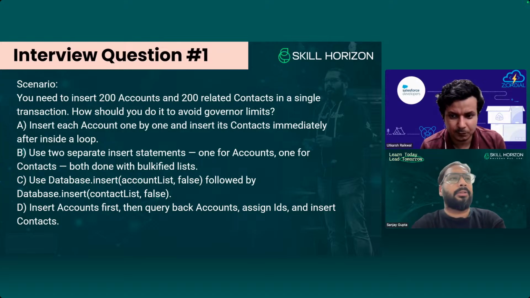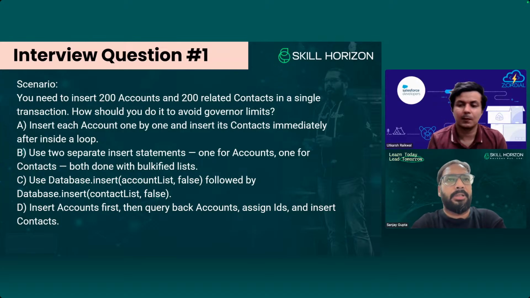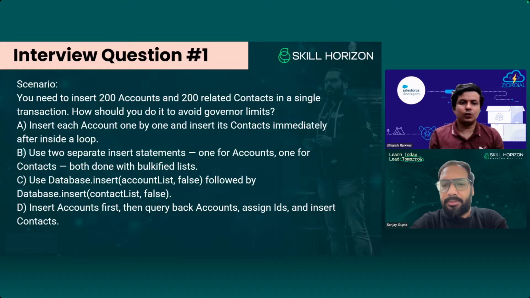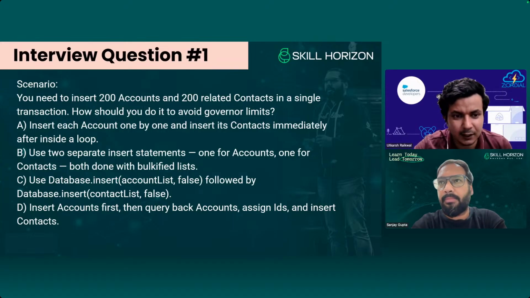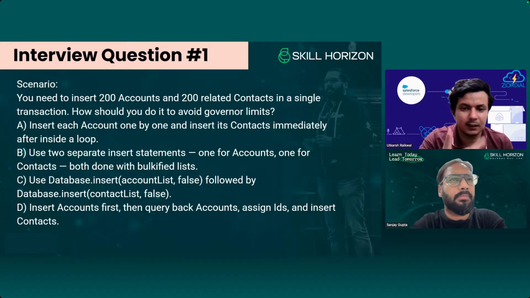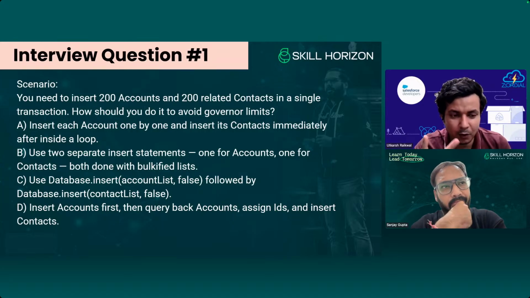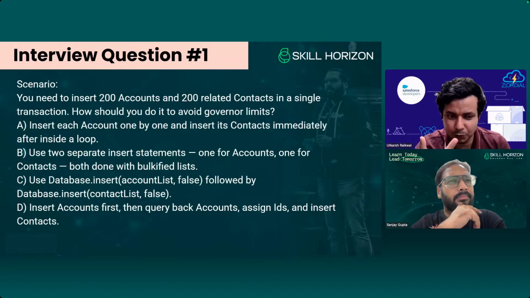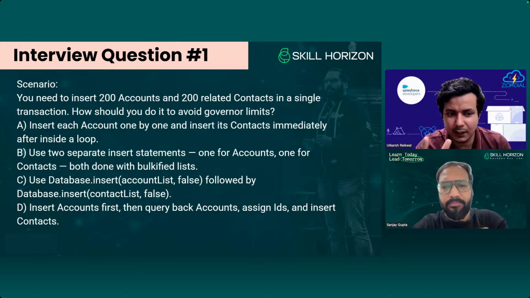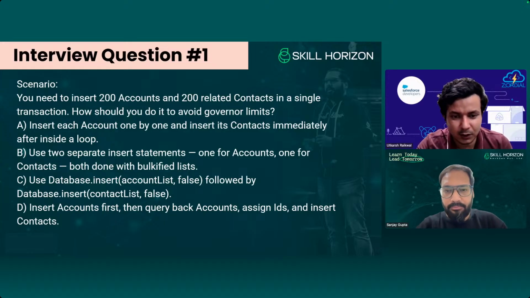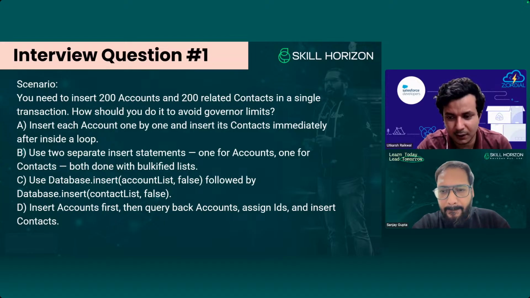Okay, Utkarsh, now you can also answer. Someone from the chat said A, but with A the governor limit will be hit, so it is not the best option. For me, I'm confused between B and C, but the best one would be option C. If there is any failure, database.insert, since allOrNone is marked as false, can partially give you success.